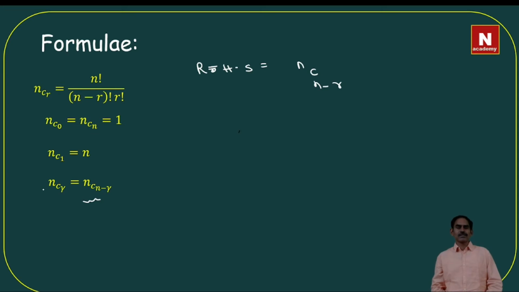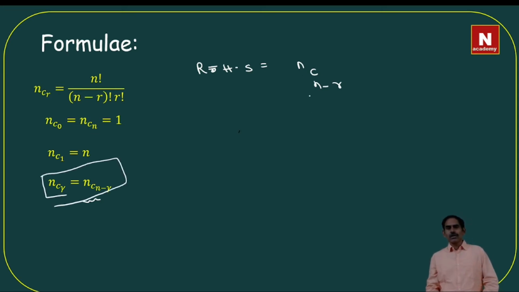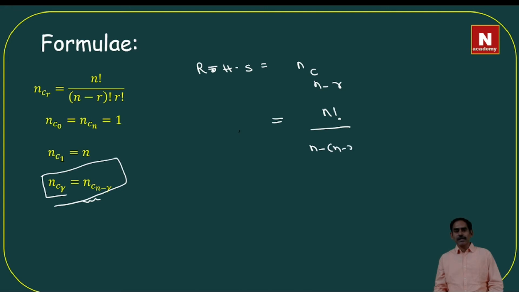Once again apply the nCr formula here. n factorial by n minus r, where r means here n minus r, so n minus r factorial into r factorial, that is n minus (n minus r) factorial.